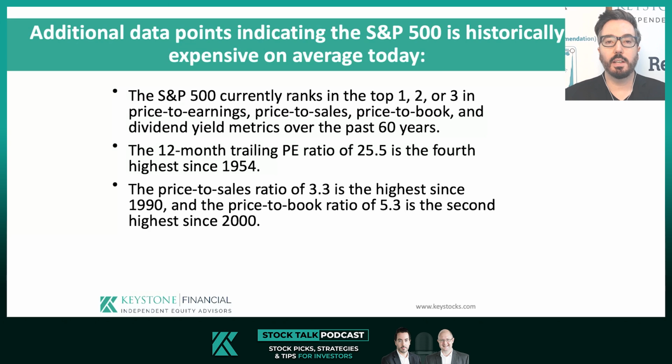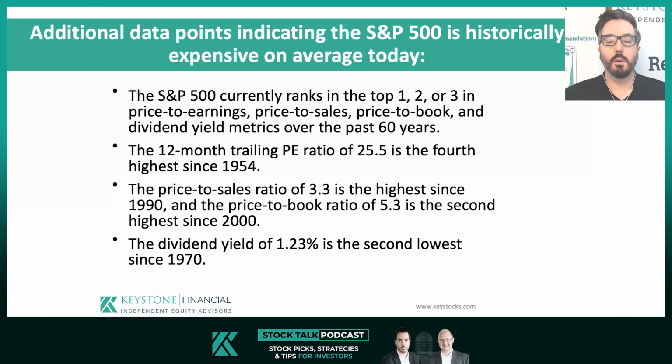The price to sales of 3.3 is the highest since 1990. And the price to book ratio at 5.3 is the second highest since 2000. The dividend yield of 1.23 is the second lowest since 1970. So some additional data points there showing that the S&P 500 is certainly not cheap today.